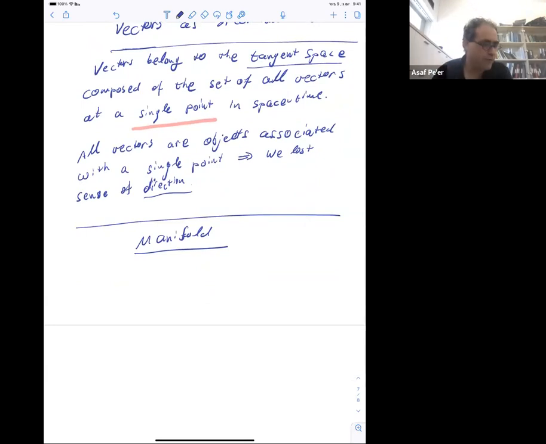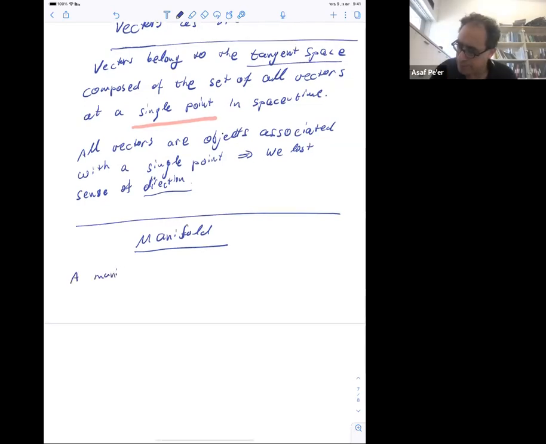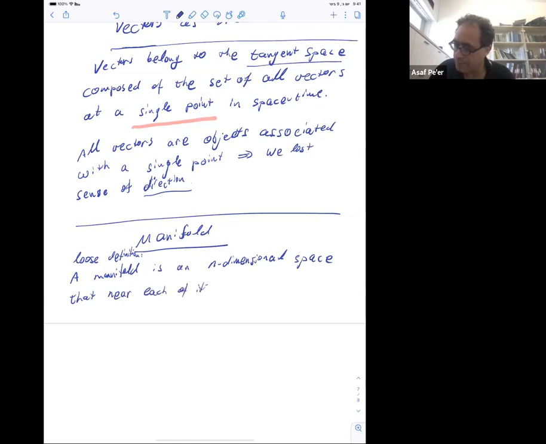A manifold, loosely speaking, and this is not a mathematical definition, is an n-dimensional space that near each point resembles an n-dimensional Euclidean space.